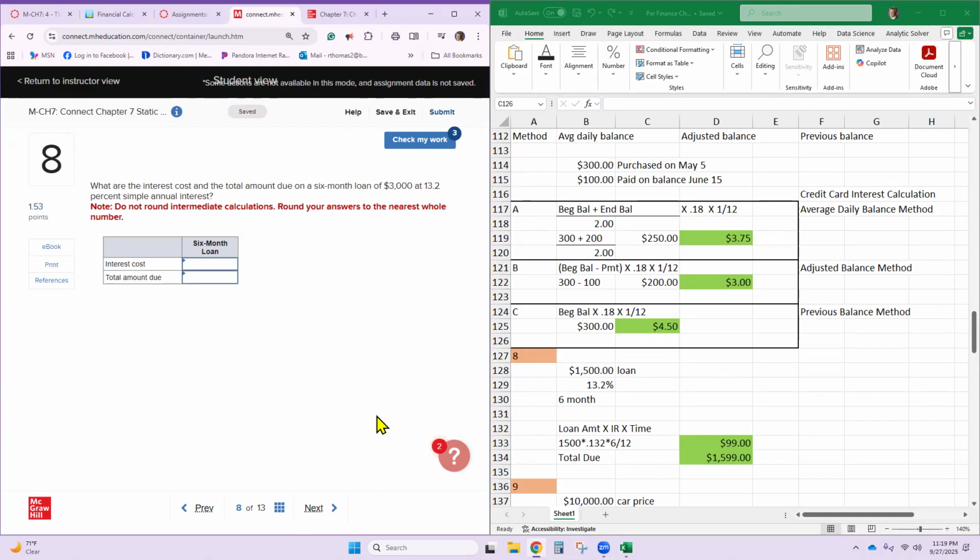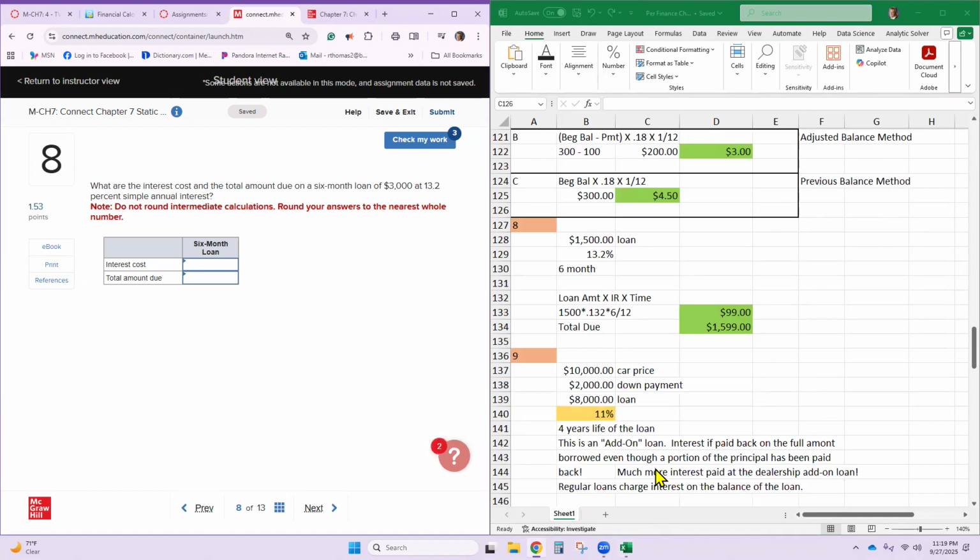Number 8. Number 8 says, what are the interest costs and total amount due on a 6-month loan of $3,000 with an interest rate of 13.2% simple annual interest.